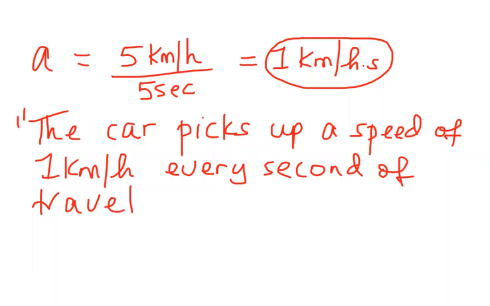So that's what it means. When you say the acceleration is 1 kilometer per hour per second, it means the car picks up a speed of 1 kilometer per hour every second of travel.